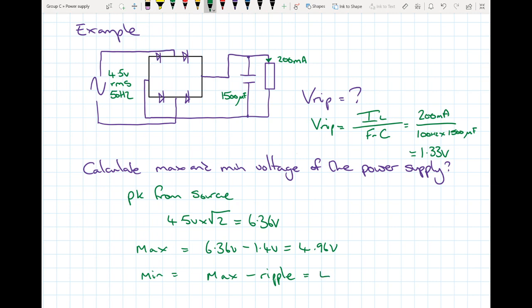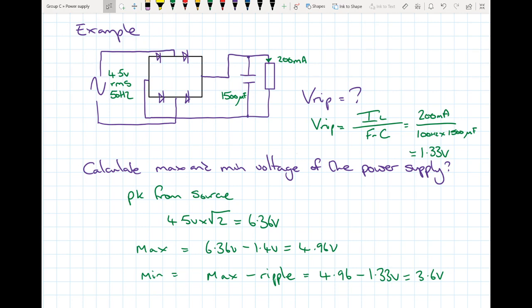So we're going to have 4.96 minus the 1.33 volts that we've worked out for our ripple, which gives us 3.6 volts output. So our maximum voltage across our load is almost 5 volts, and the minimum just a fraction above 3.5 volts.